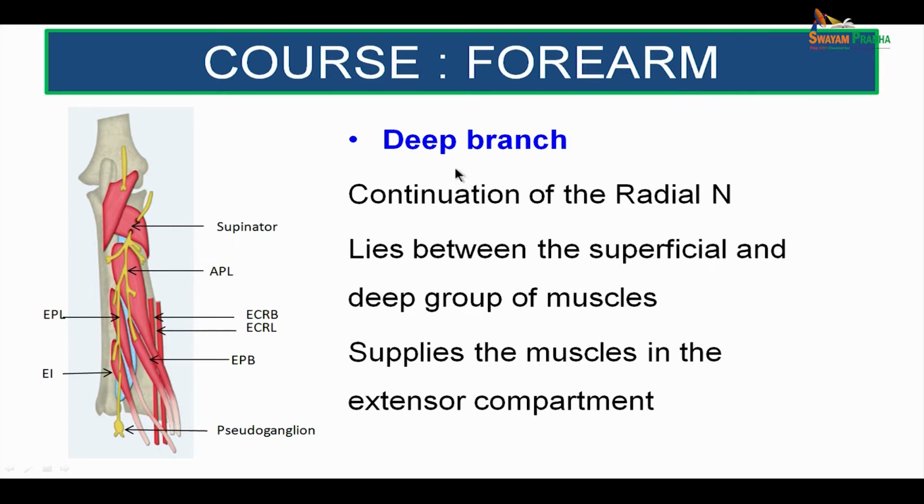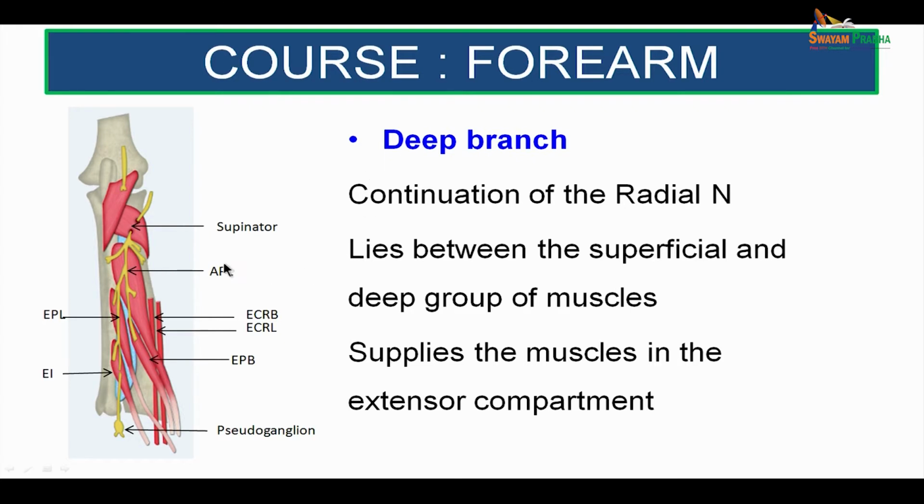Meanwhile, the deep branch, which is considered a continuation of the radial nerve, pierces the supinator muscle and passes on to the extensor compartment or the posterior part of the forearm.